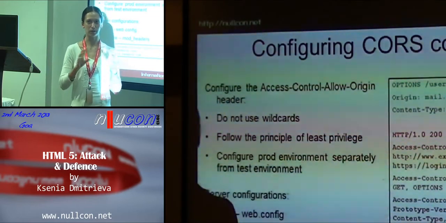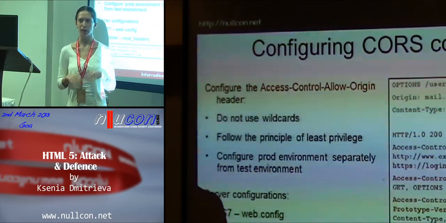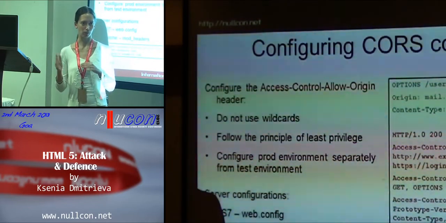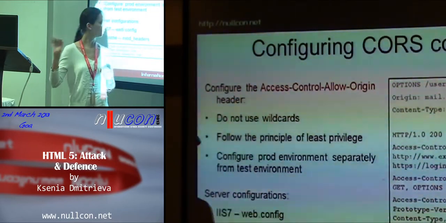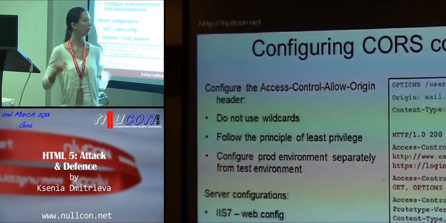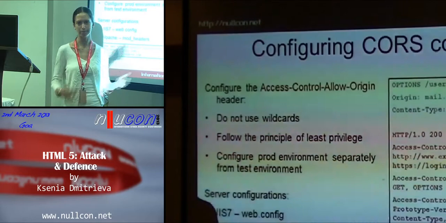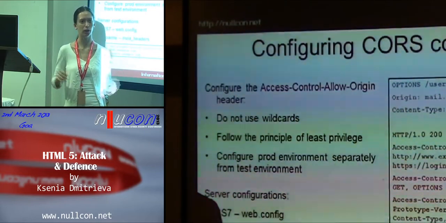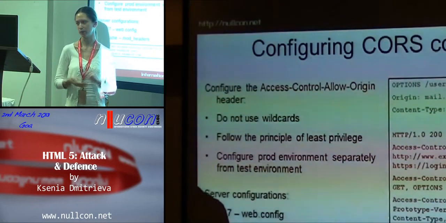This request, because the victim visits a malicious website and the request is sent from the malicious website, the origin will be not mybank.com, but some other attackerdomain.com. So if you have the CORS policy set, which only allows mybank.com, then if the request comes from the attacker, it's not going to be granted. Even without the CSRF token, without anything, it's not going to be granted.